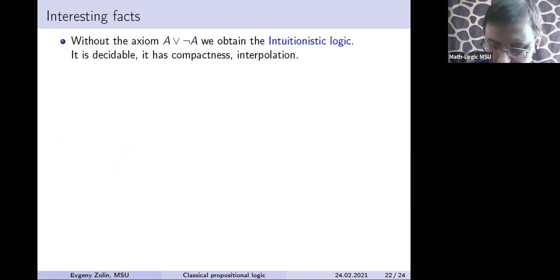It is, again, quite a nice logic. It is decidable, though its complexity is slightly higher. It has compactness, it has interpolation, Craig interpolation, uniform interpolation, and so on.